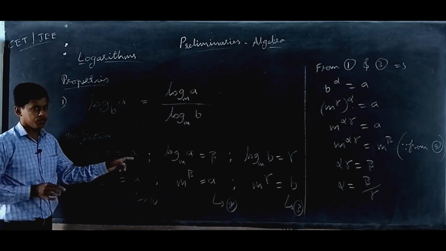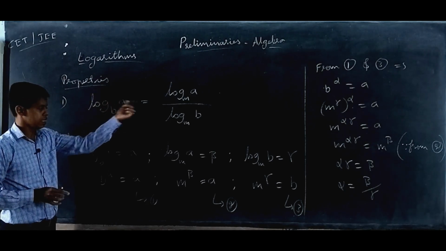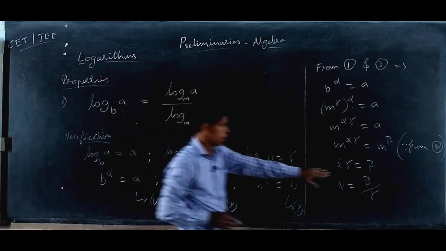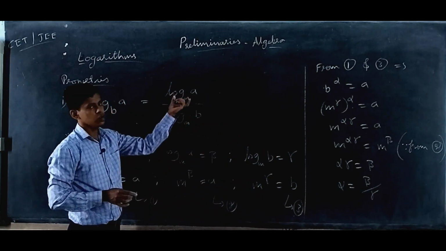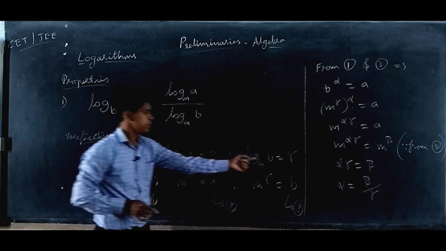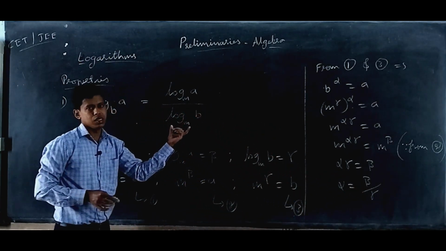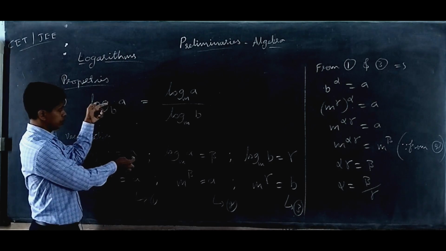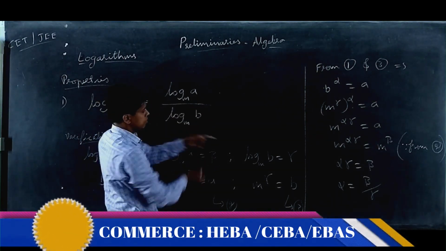Now what is alpha? Alpha is nothing but log a to the base b, that is equal to beta divided by gamma. What is beta? Beta is log a to the base m, divided by gamma, and that is log b to the base m. So alpha is equal to beta by gamma.